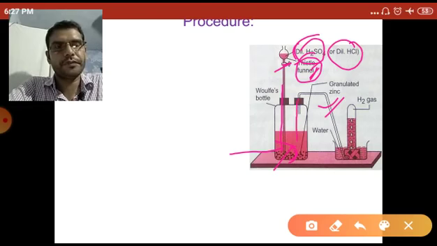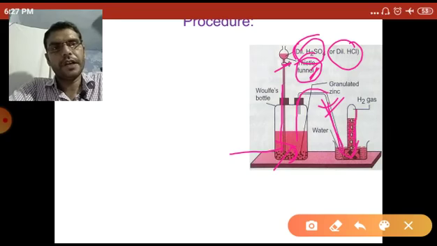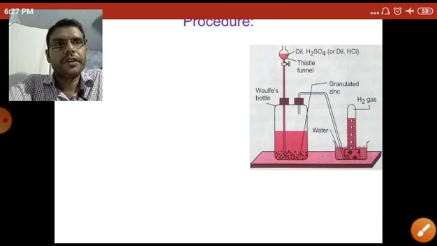That hydrogen gas passes through the delivery tube and enters into the inverted gas jar. The inverted gas jar contains water, and the hydrogen gas is collected in the inverted gas jar. So this is the procedure for the formation of hydrogen gas in the laboratory.